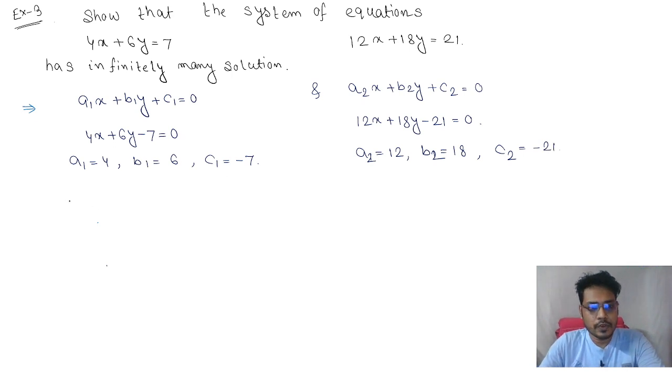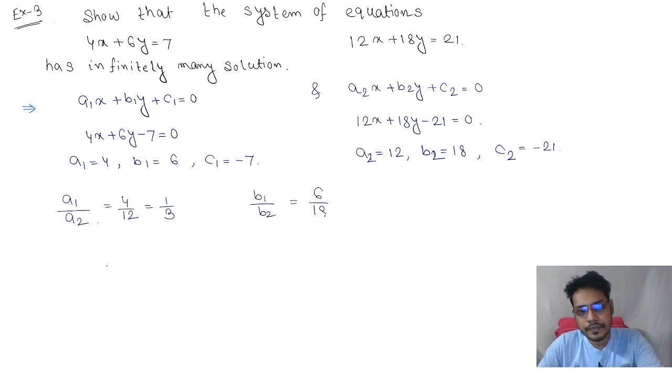Now let's check what is the value of a1 by a2. That will be 4 by 12, that means 1 by 3. Now what is b1 by b2? 6 by 18, that means it is also 1 by 3. Now c1 by c2 is minus 7 by minus 21, that is 1 by 3 also.